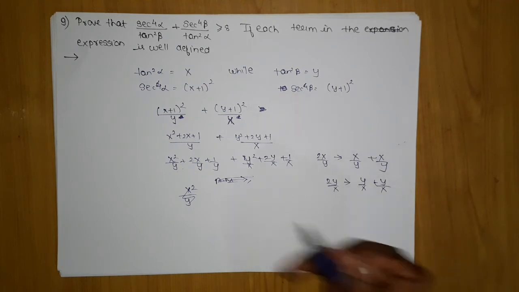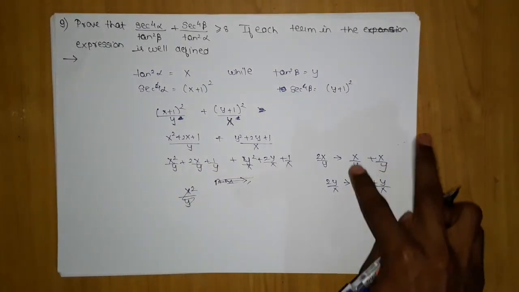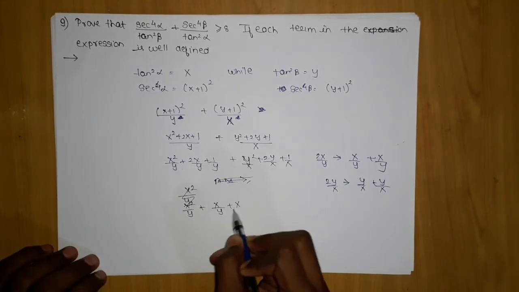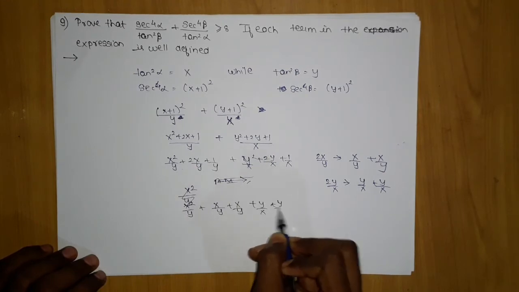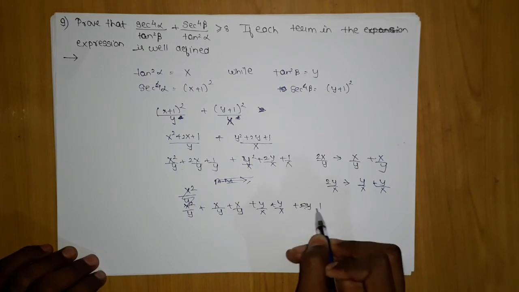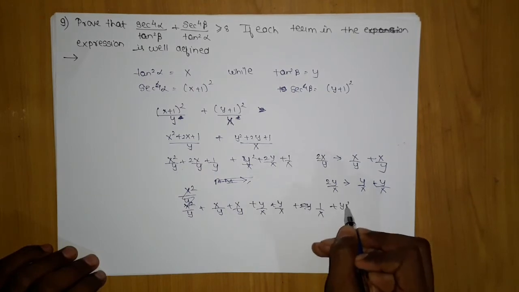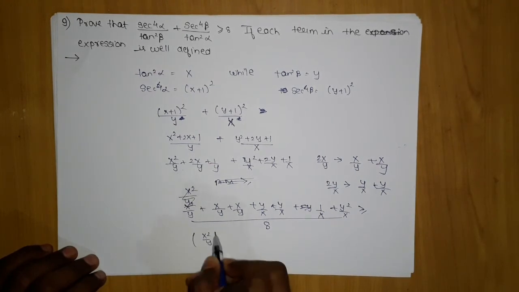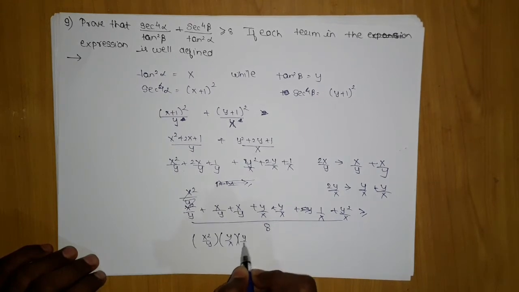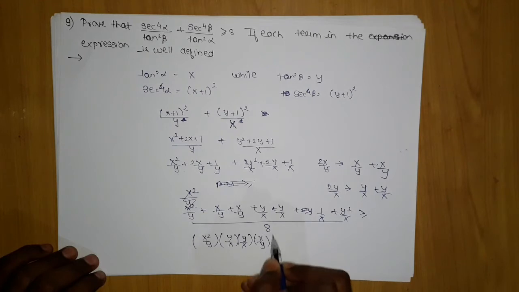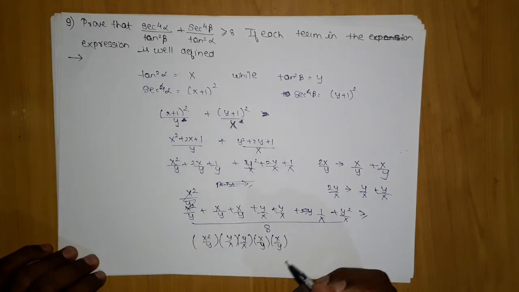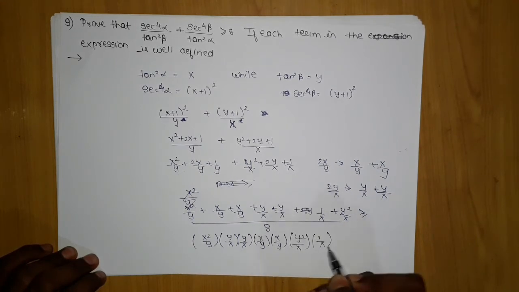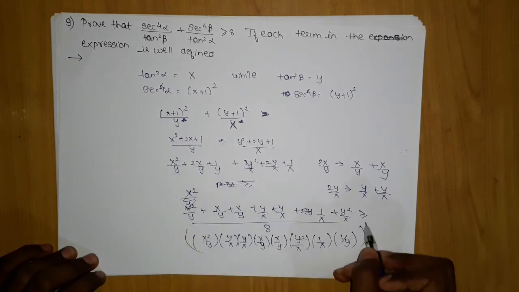The moment I write this, I have 8 terms: x square by y, x by y, x by y, y by x, y by x, y square by x, 1 by x and 1 by y, upon 8, greater than or equal to the product of them, the whole power 1 by 8.